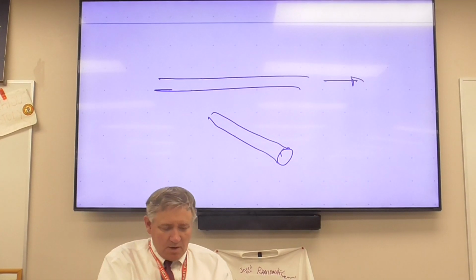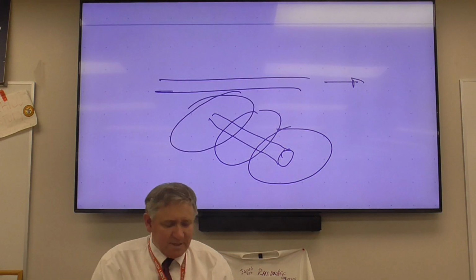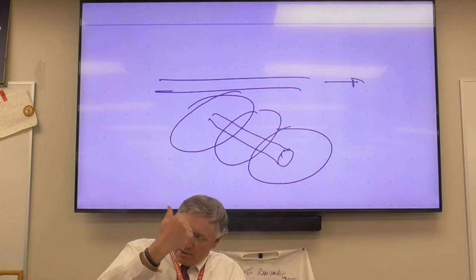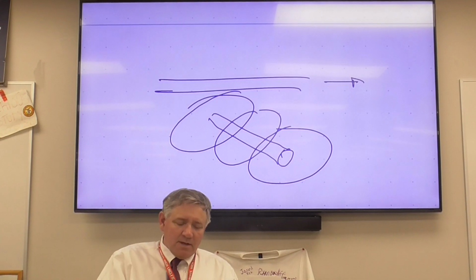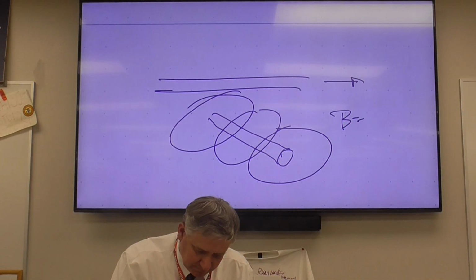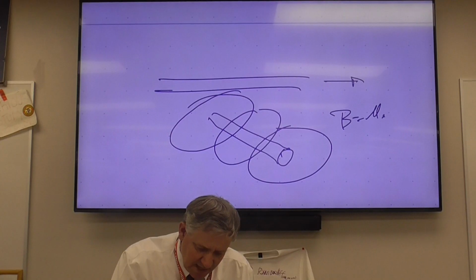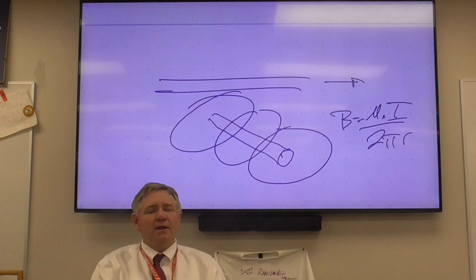Around this wire, imagine a series of rings, and they're all symmetrical. The value of that magnetic field is mu sub naught I over 2 pi r.